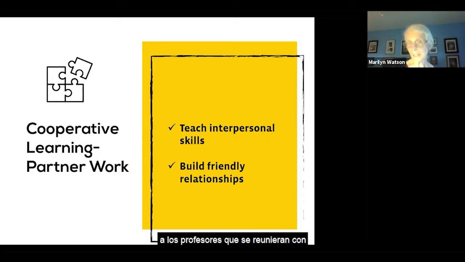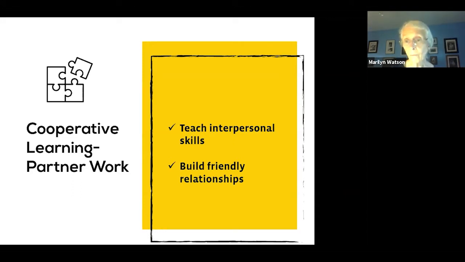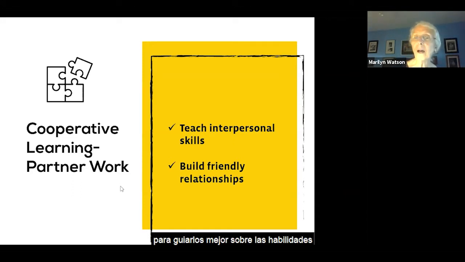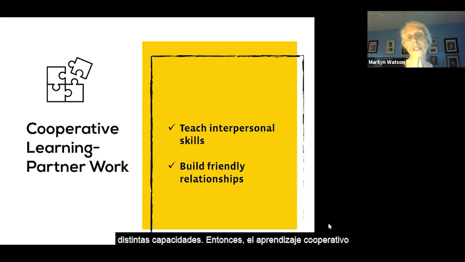We would ask the teachers to meet with the students before they work together to guide them about the kinds of skills that working well will be necessary in this activity. And each activity would have different skills, and each level, depending upon the student, would require different skills.